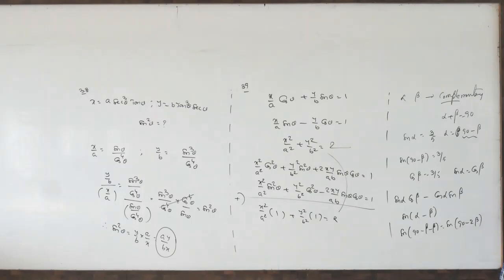sin of 90 minus theta is cos theta. What is cos 2 beta in terms of sin? 1 minus 2 sin square beta.